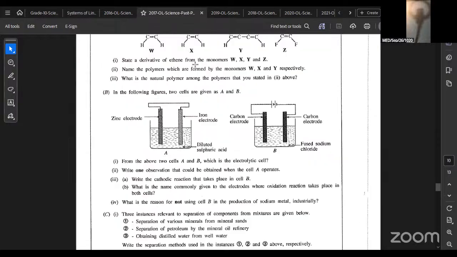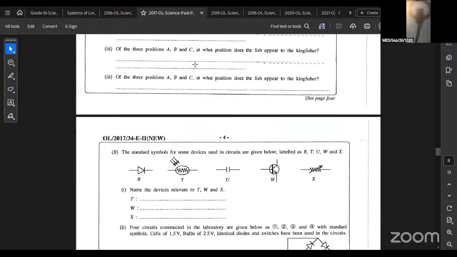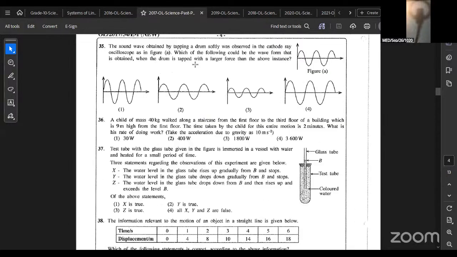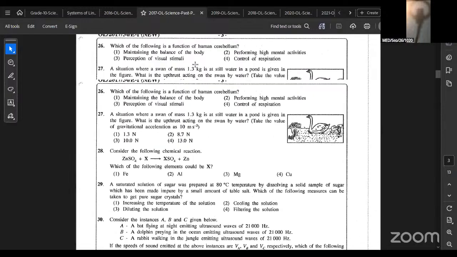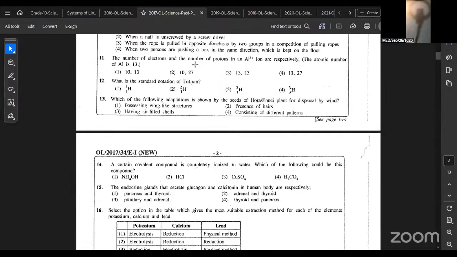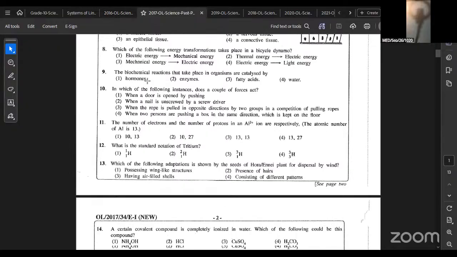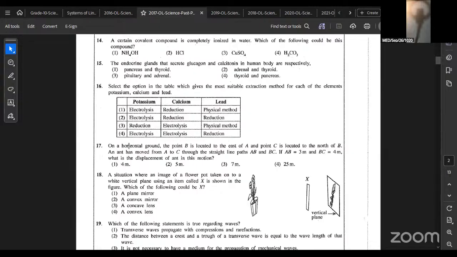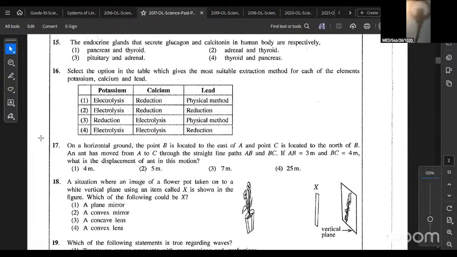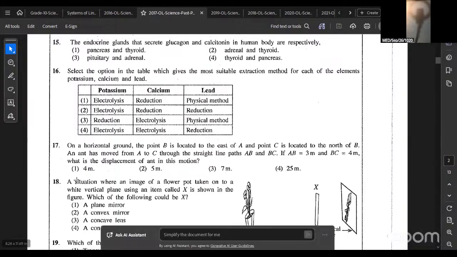It seems good. This is not complicated. Can I try it and send the answer? It's very simple. On a horizontal ground, can I try and see? Send me the answer as soon as possible.